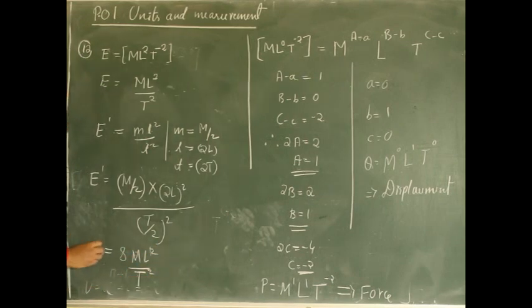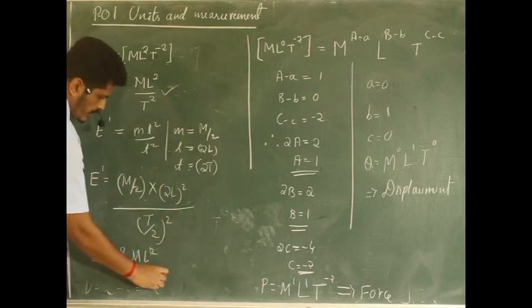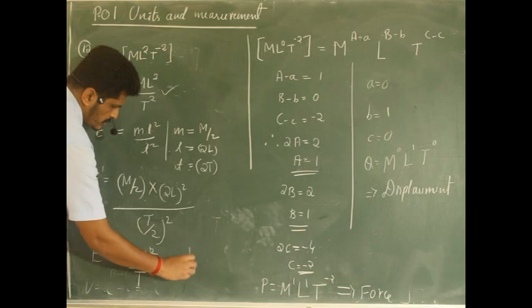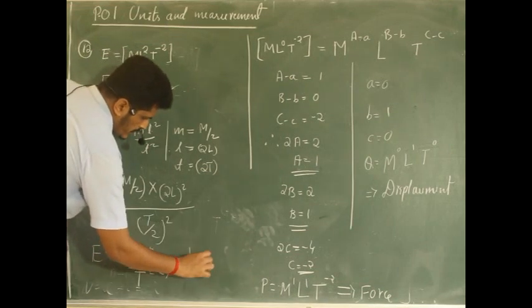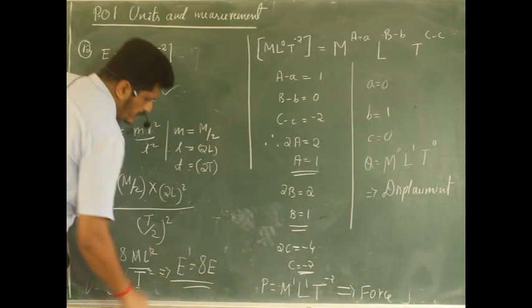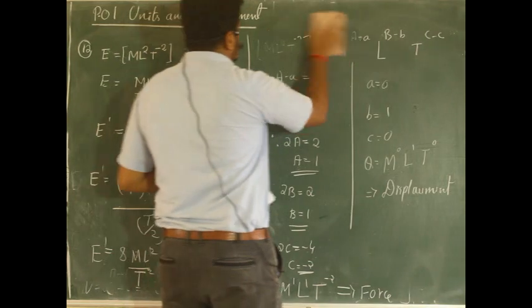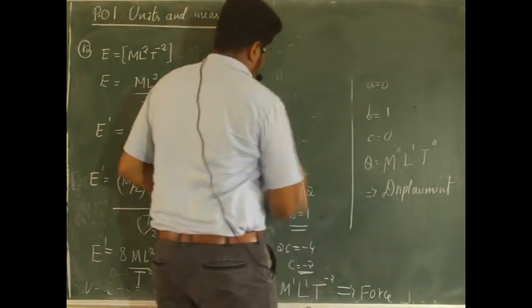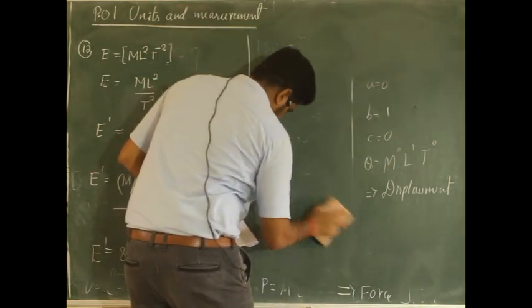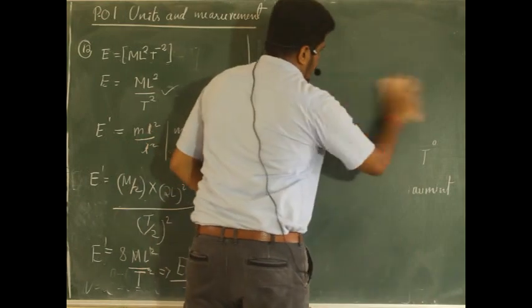What is m l square by t square? E. So E dash is nothing but equivalent to 8 times E. So you can check in the options. What is the suitable option for the current question? That means option number 3, 8 times.